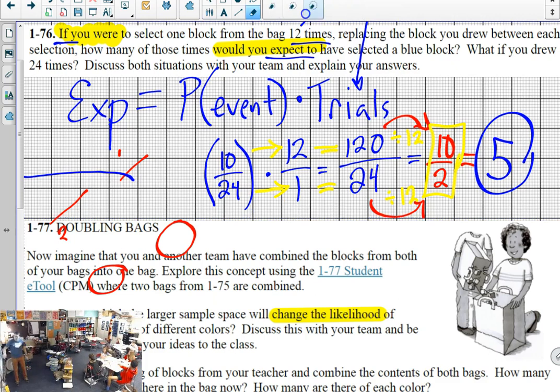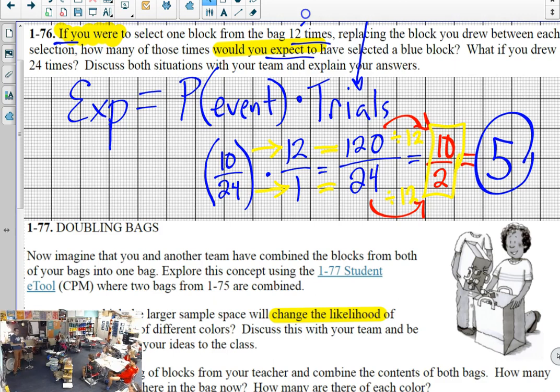Okay. If we do this twice as many times, 24 times, what would we expect for the blue outcomes? What do you think, Alan? 10? Yeah. If we do twice as many trials, we'll expect to get twice as many blues.